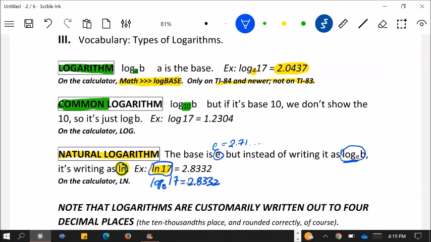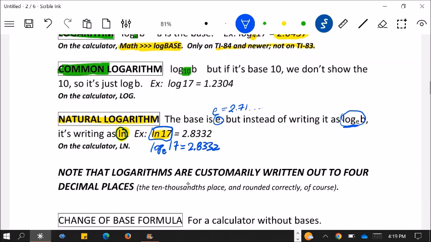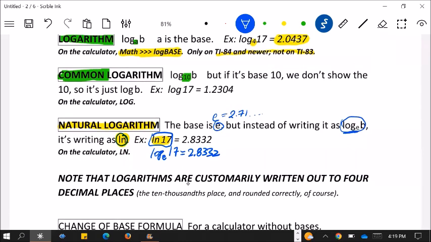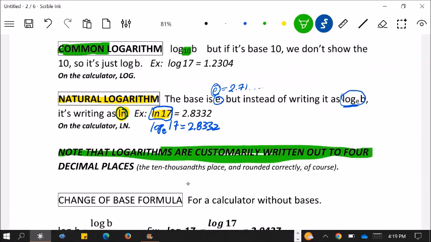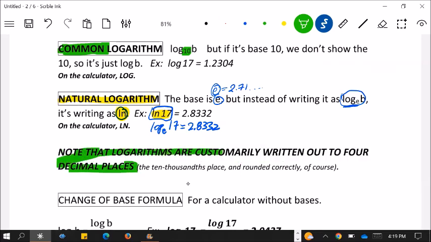But convention now says that we would use natural log 17. It's usually on the calculator as a button, or a second function of another button. Oftentimes, the natural log is a button, and then the E itself is the second function. I mentioned this already before, customarily written out to 4 decimal places.